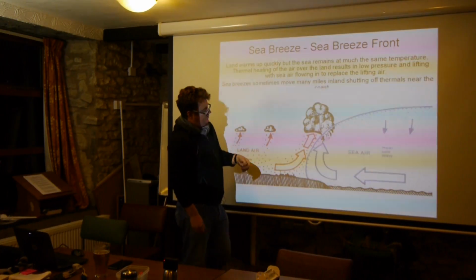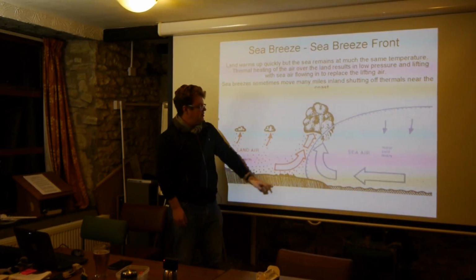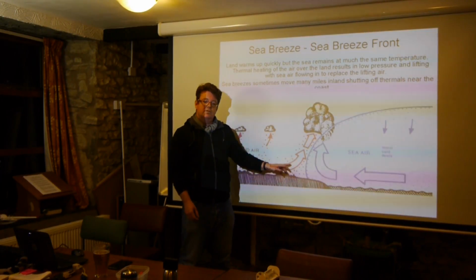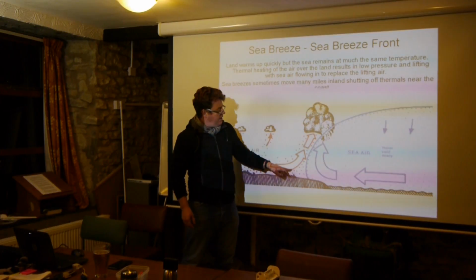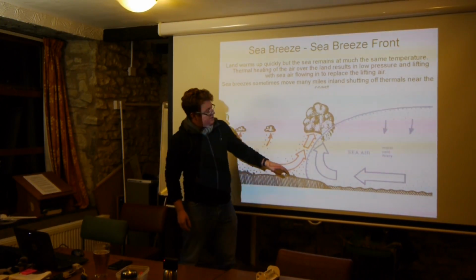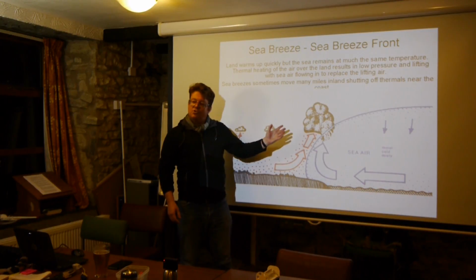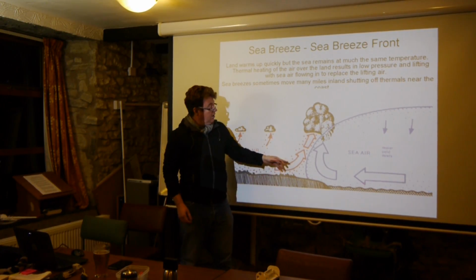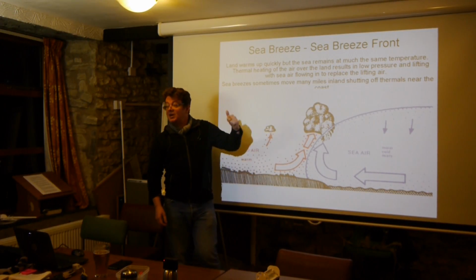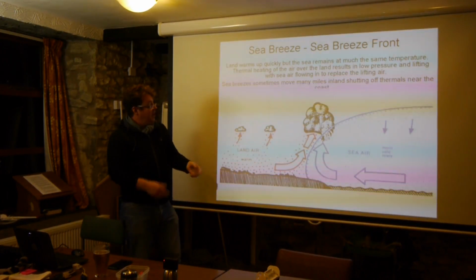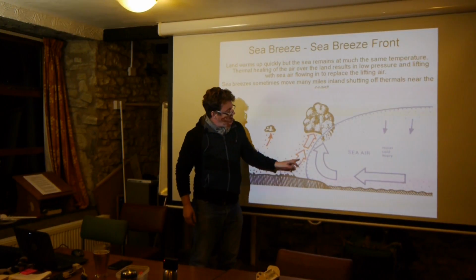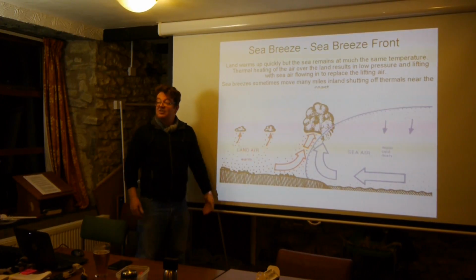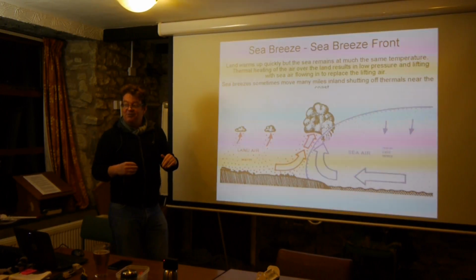Your classic place to experience that is somewhere like Devil's Dyke, where in the morning you'd have a light northerly wind and they'd all be soaring around on the hill, and then as the sea breeze arrives, the convection gets strong, and the wind reverses and starts blowing over the back. The smart people have managed to climb up to cloud base in the convergence zone, but anyone who hasn't will then have to land, because they're suddenly flying on the lee side of a hill.